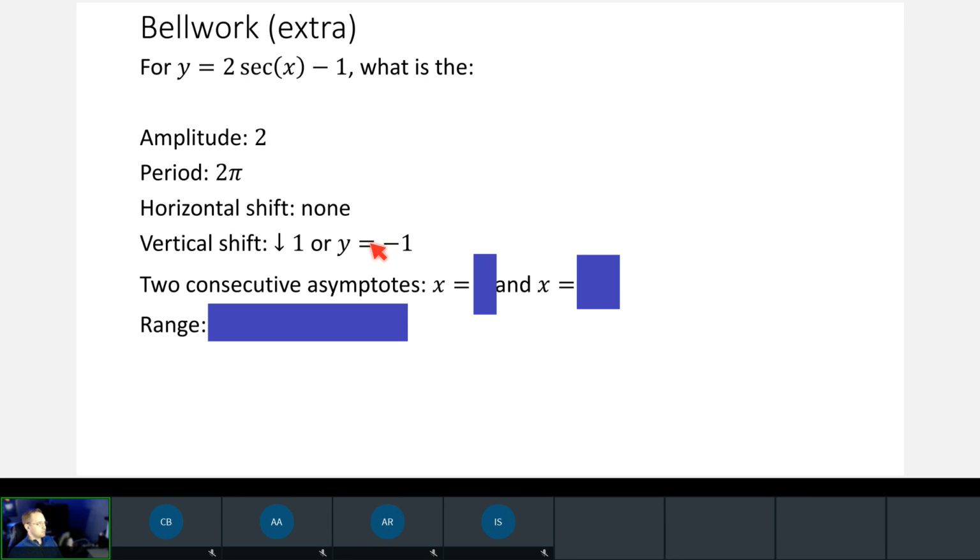And again, from the midline to a min or a max, that is your amplitude. All right. And then just like the last problem, because we don't have a horizontal shift, the 2 asymptotes are going to be the same. All right. In chat, go ahead and write the range. Let's see it.